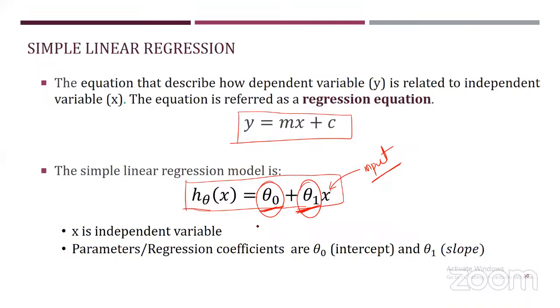That means if I know the values of theta naught and theta 1, all I need to do is supply the value of x, and then I will be able to do my prediction. So I have basically formulated one equation, one function, and this function is going to help me do my prediction.